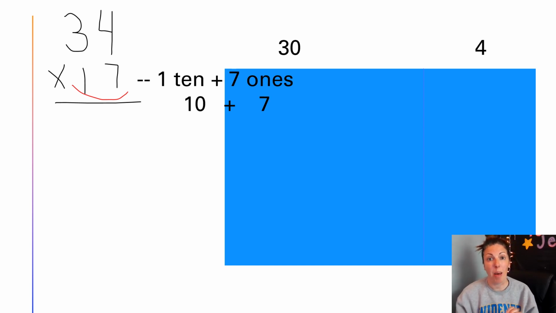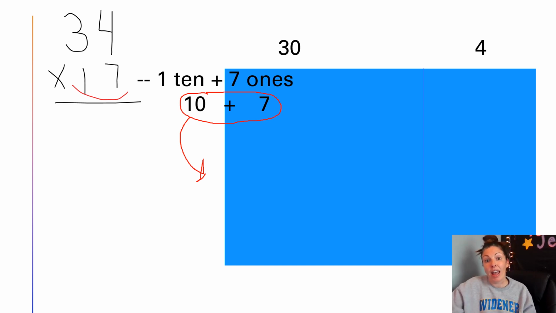So 10 plus 7. Just like I did last week with my second factor, I'm going to take my 10 and my 7, and move them to the vertical side of my area model, and write them the same way that I wrote my 30 and my 4.